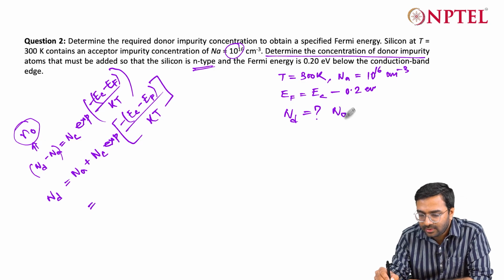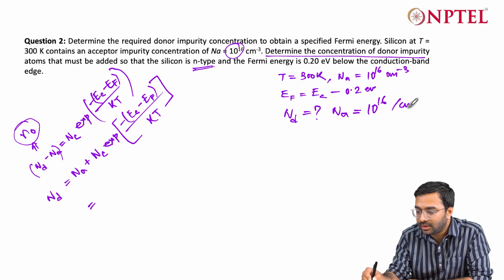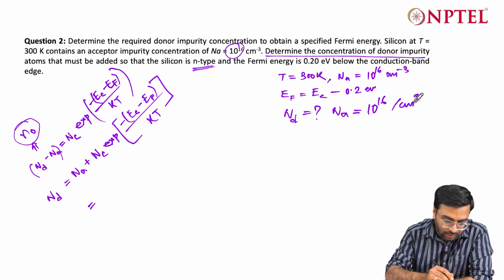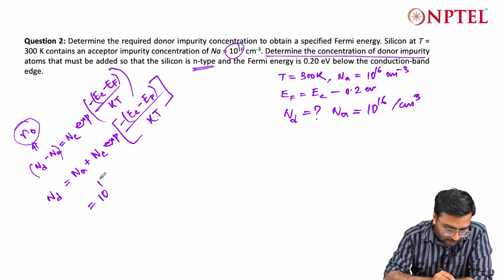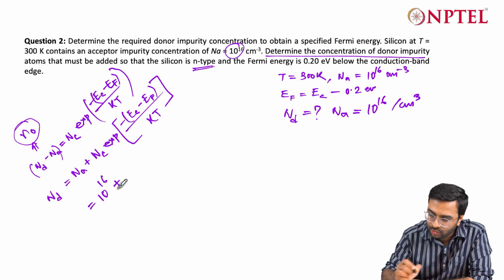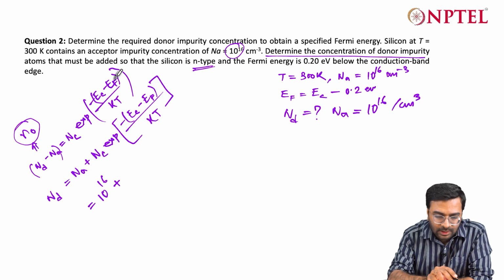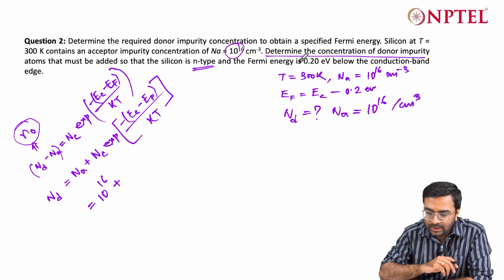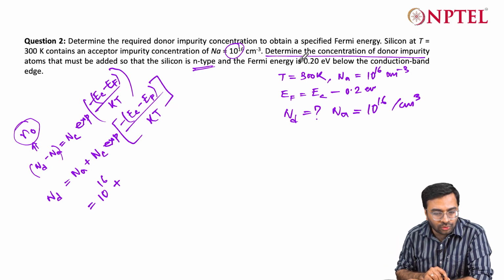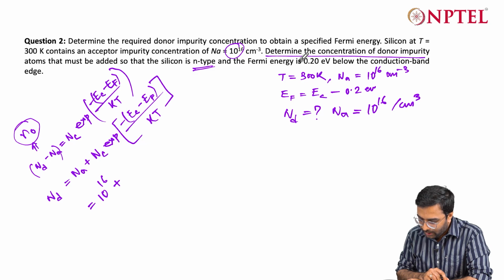So Na is equal to 10 to the power 16 per centimeter cube. So your value is 10 to the power 16 plus the value of Nc, which is 2.8 into 10 to the power 19.